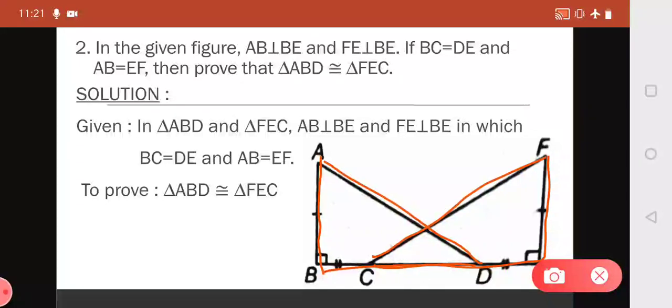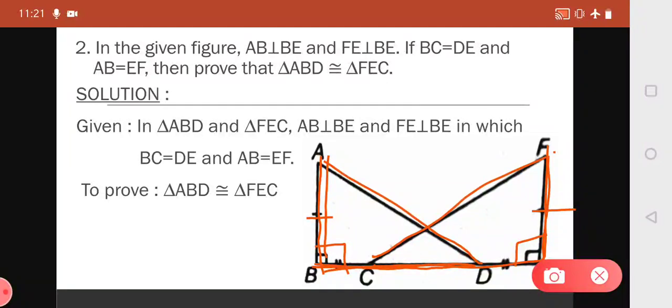Already it is given AB equal to EF. This is given. We have proved this whole BD equal to EC. And third thing, angle ABD equal to angle FEC, because both are 90 degrees, as AB is perpendicular to BE, also FE is perpendicular to BE.